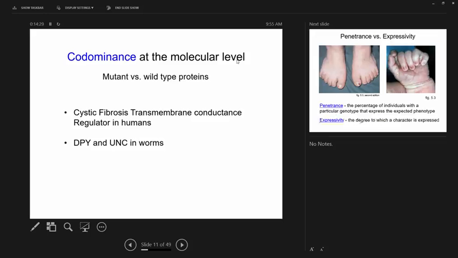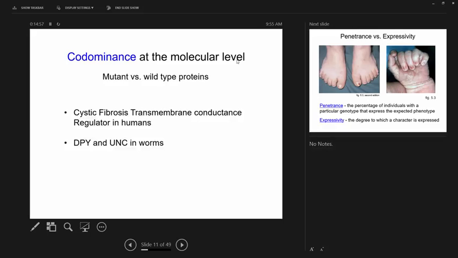Okay, so codominance is present in some cases when you would think that complete dominance is there, but it all depends on your perspective. So let's first talk about cystic fibrosis transmembrane conductance regulator, CFTR. Someone who has cystic fibrosis has a defect in this.